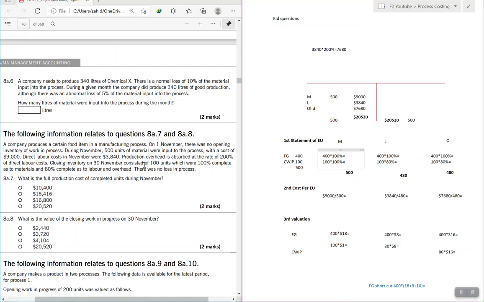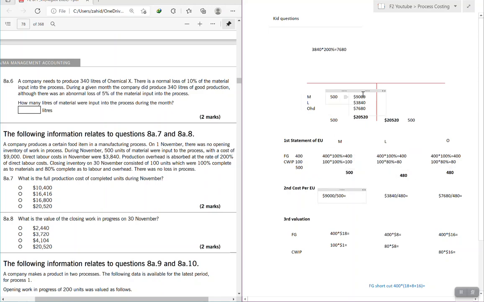Finished goods, 100 units are complete, so 400 would be finished. So finished, so directly multiply by 100%. Closing work in progress is 100%, 80% for labor and overheads. So equivalent units 500, 480, and 480.